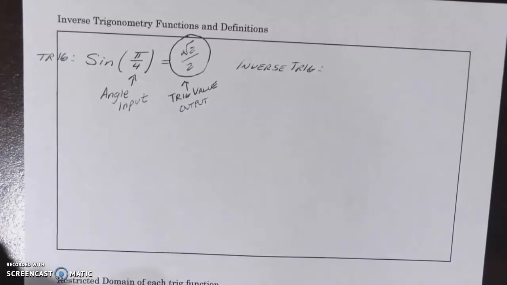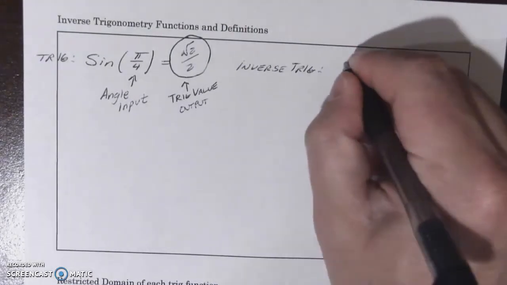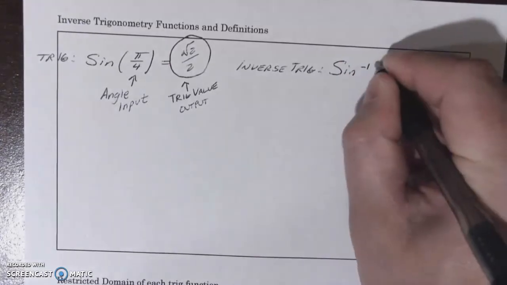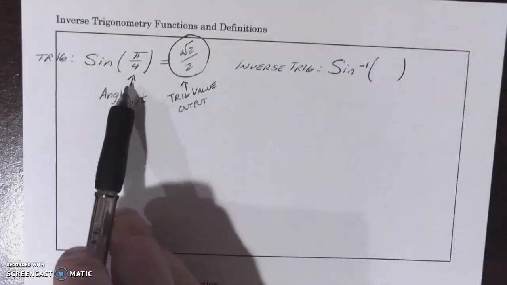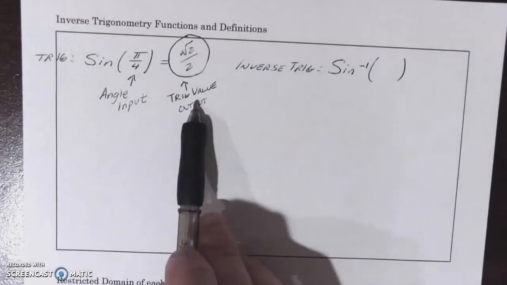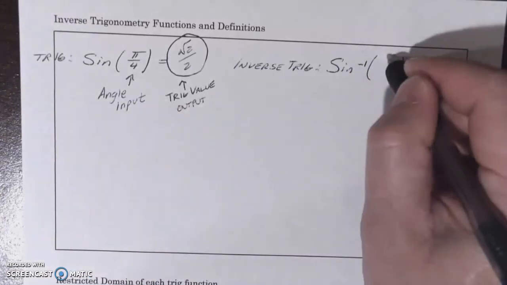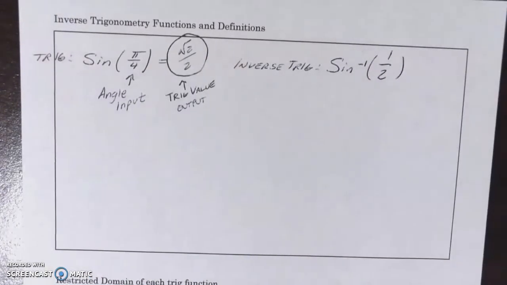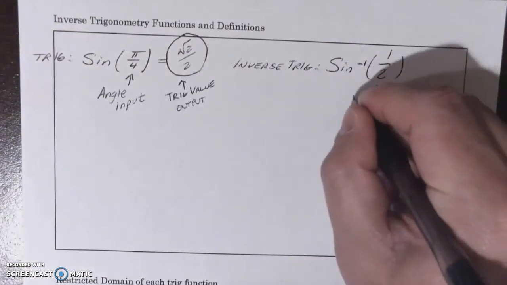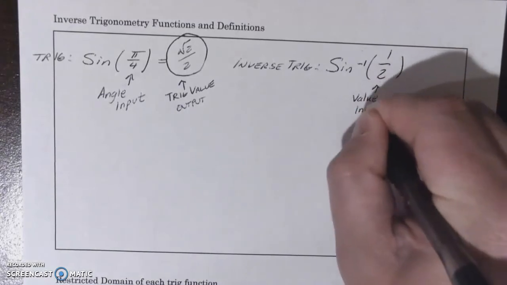Inverse trig: raised to the negative first power is the symbol for inverse. So let's consider this. In an inverse problem, instead of our input being an angle, our input is going to be a trig value. Let's say 1/2. That is a value input.